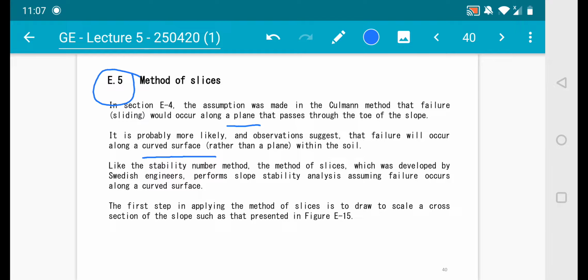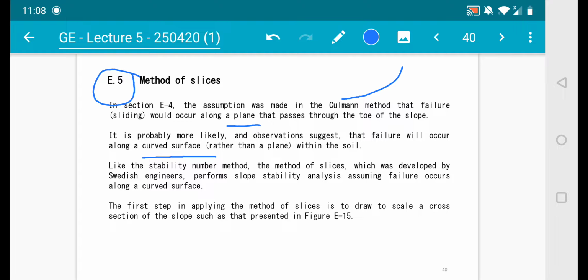As the analysis evolves, we're looking at slope in a more refined approach. We don't look at it as a simple thing, but as a more complex thing. We start out with a straight line, somehow it's not accurate, so we make it a curve. This is the evolution of how you analyze a slope.